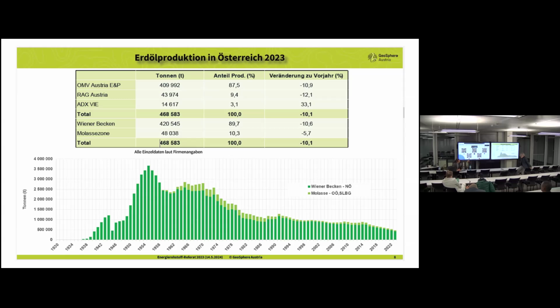Interestingly, these fields here have already been exploited for a very long time. For example, this one particular oil well, Geiselberg 1, has been producing for, I think, 75 years, which is completely unusual. This is also interesting because these very small fields require quite some skills to manage.